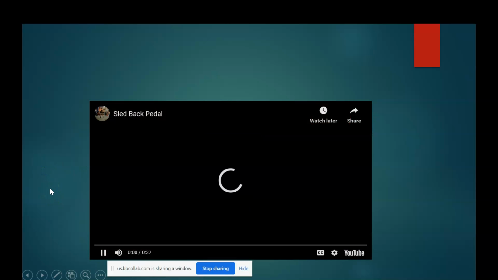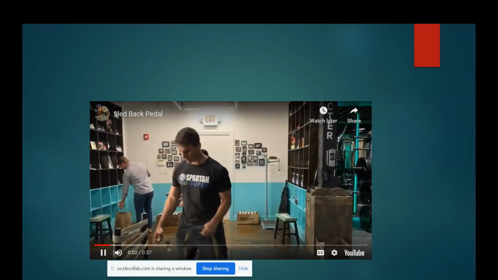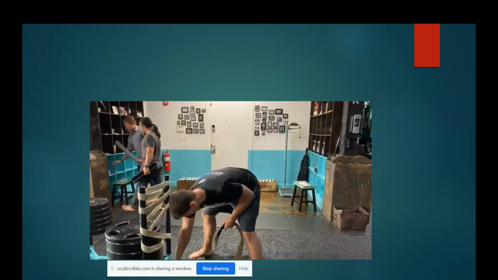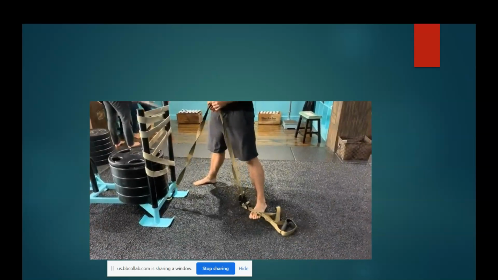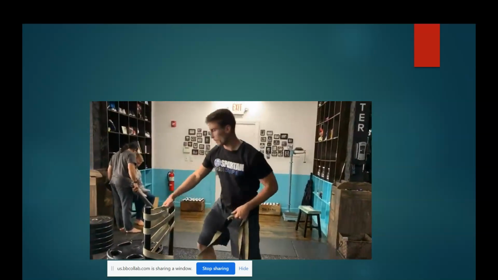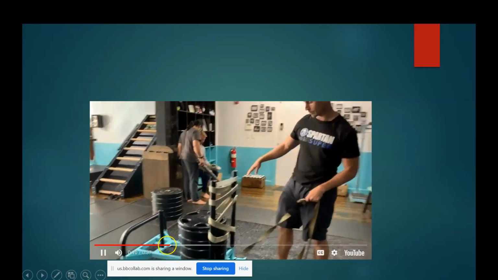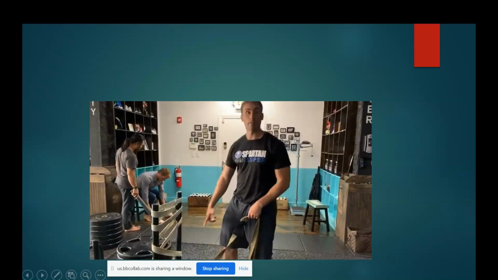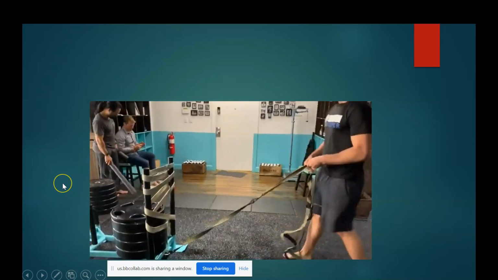So here would be an example of a sled back pedal, hooking up a TRX, pulling a sled back. So again, training the legs with no load. So it's going to be a back pedal. And this type of sled, it's an easy setup. All we got to do is latch it in like that. Some other sleds, you might be able to attach it around to here, but more than a few of them will have a clip-on attachment like that.